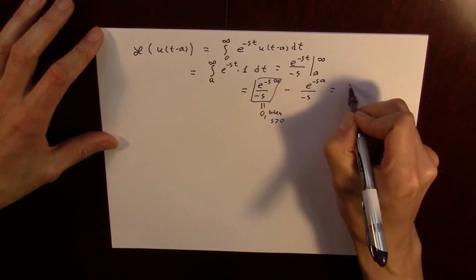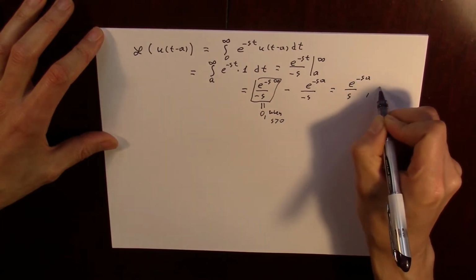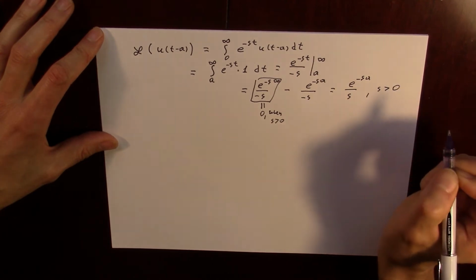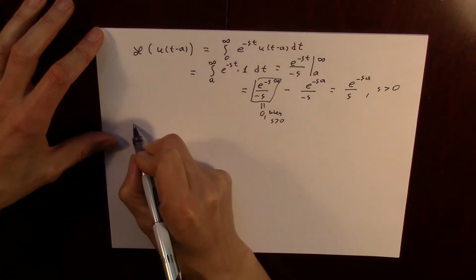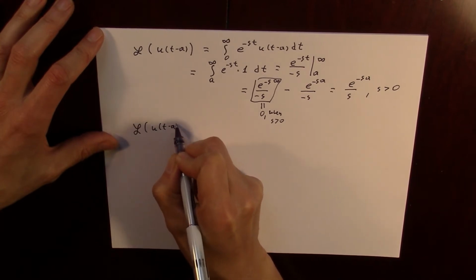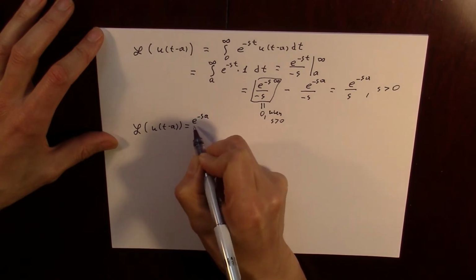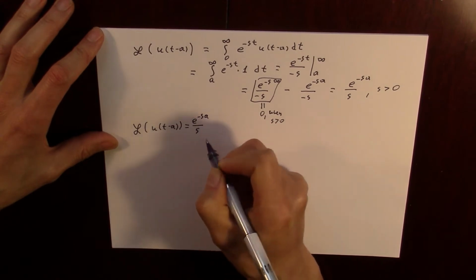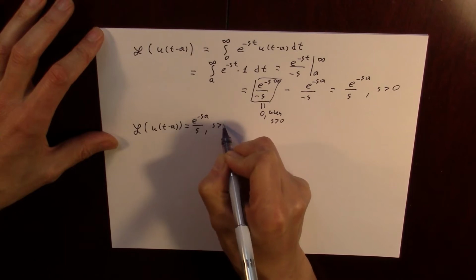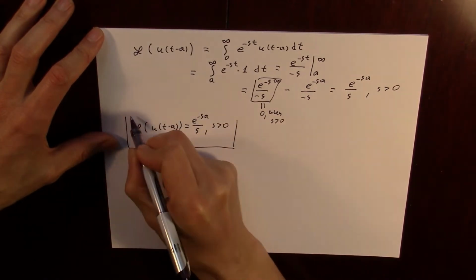So we're going to get e to the negative sa over s, under the assumption that s is bigger than 0. So the Laplace transform of u of t minus a equals e to the negative sa over s, and the domain of the function is when s is bigger than 0.